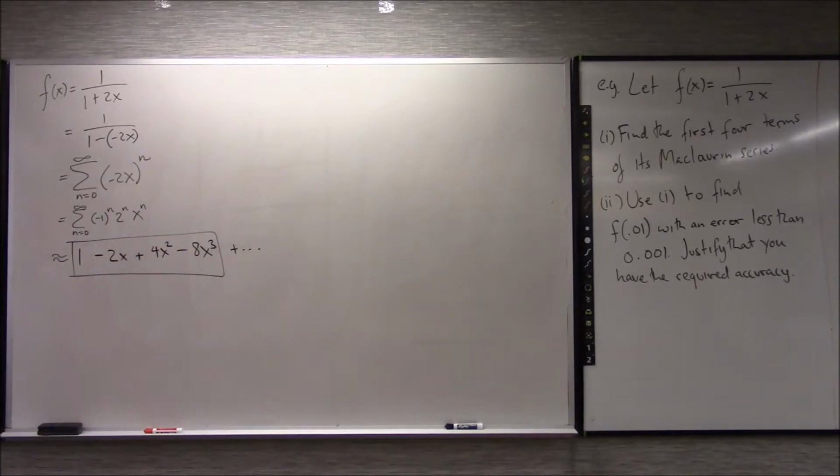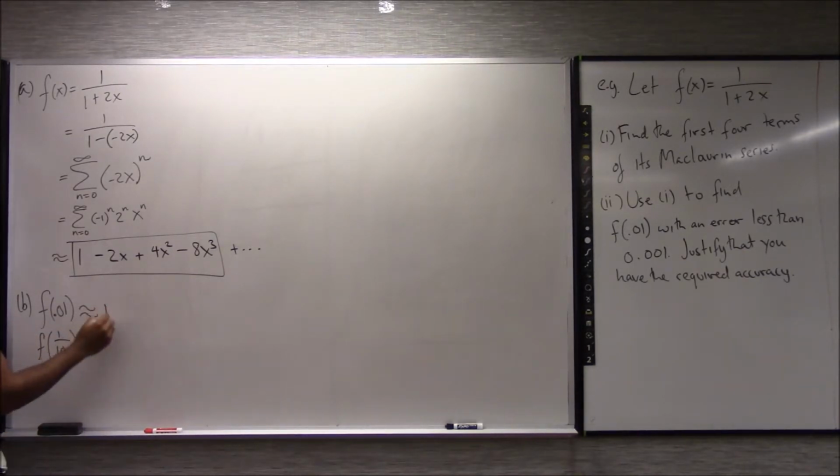So that was part 1, to find the Maclaurin series, the first 4 terms. And we're just really using the fact that we know what 1 over 1 minus x looks like. And part 2, this means that f of 0.01 would be approximately, I'm just going to replace x with 0.01. By the way, this is f of 1 over 100, right?